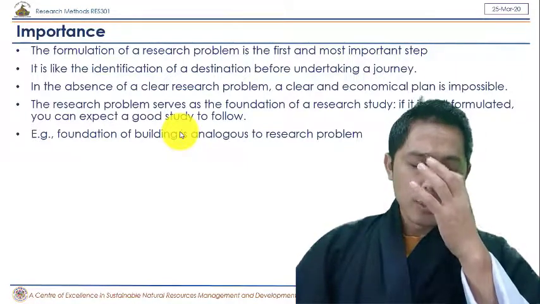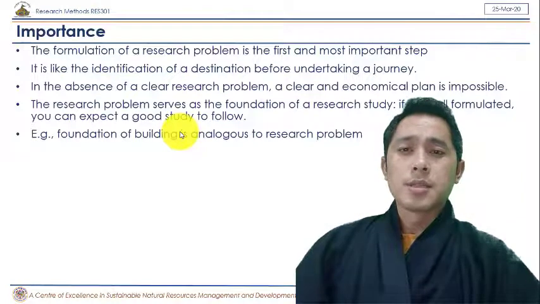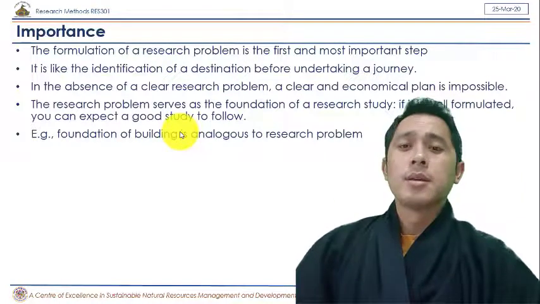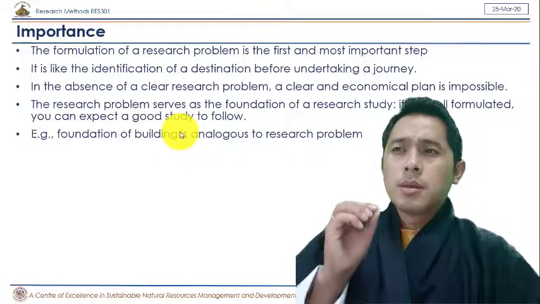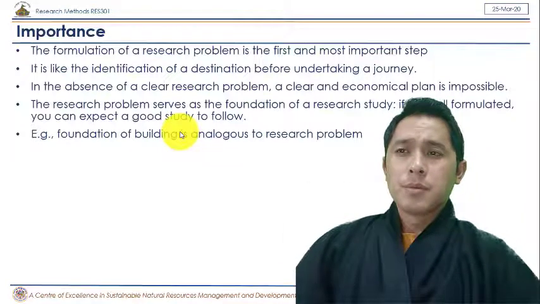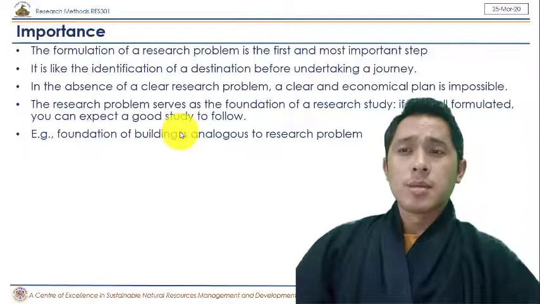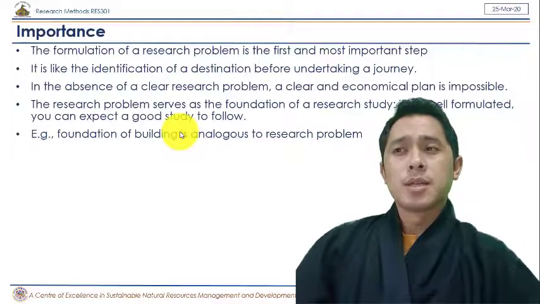So it's one of the most important component of research process, and is also the first step in research process. The stronger the research problem you have, the stronger the research process it becomes, and the better the quality of research report comes out.